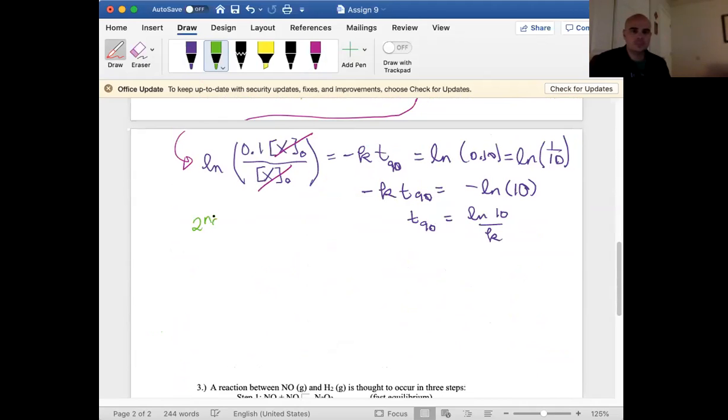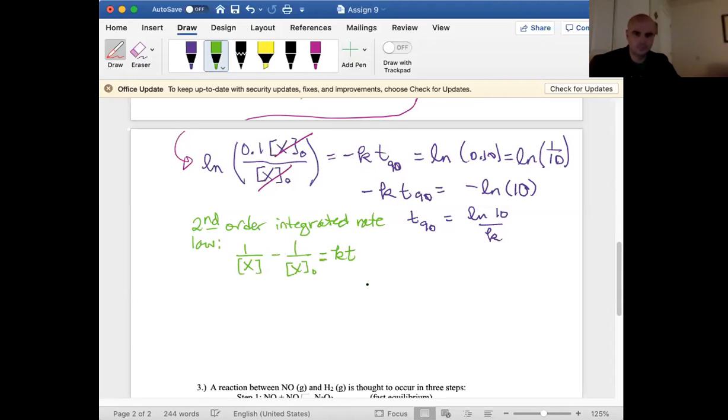If we want a second order integrated rate law, then our second order integrated rate law is 1 over x minus 1 over x naught equals kt.